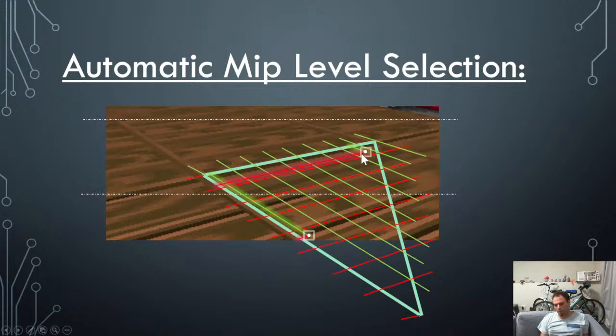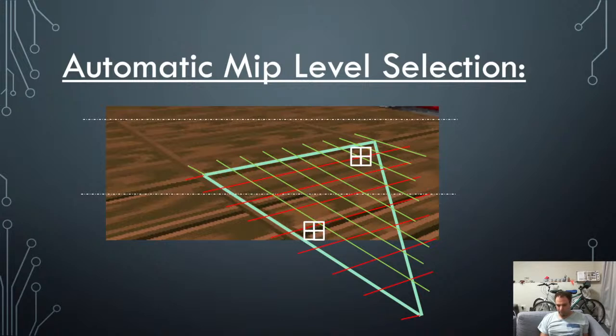And with pre-sampled and convolved smaller versions of the image, we can get closer to it. If we're sampling a smaller texture, there will be fewer texels here, which is what we want, because otherwise there will be more here. So we want to keep that relationship close. There are different ways of doing it.